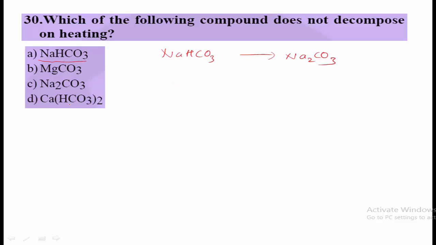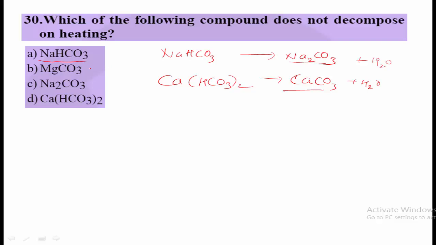And calcium bicarbonate will also on heating decompose to calcium carbonate. This is the basic thing that you should know. Bicarbonates, upon decomposition, will form carbonates along with the release of water.